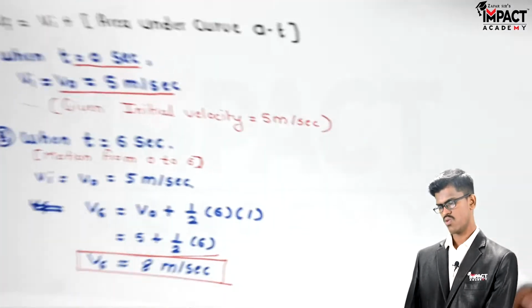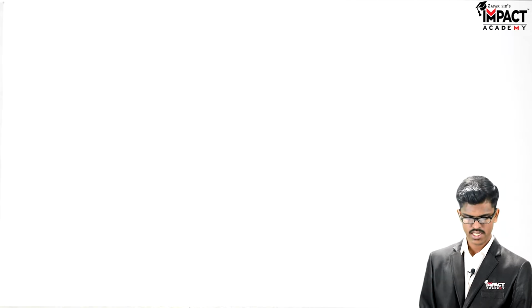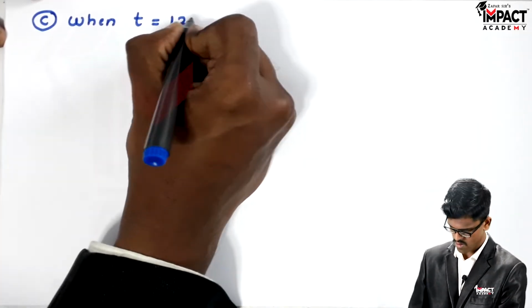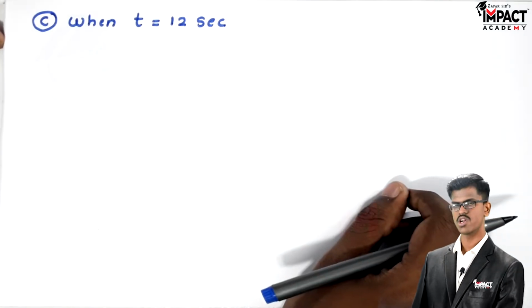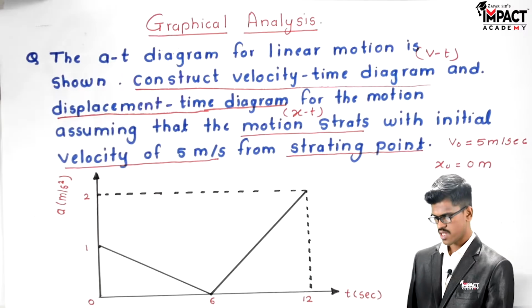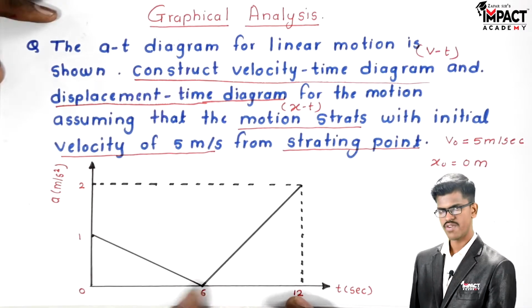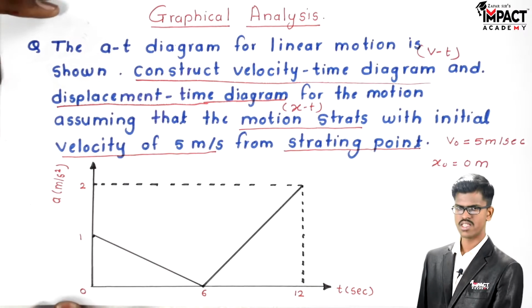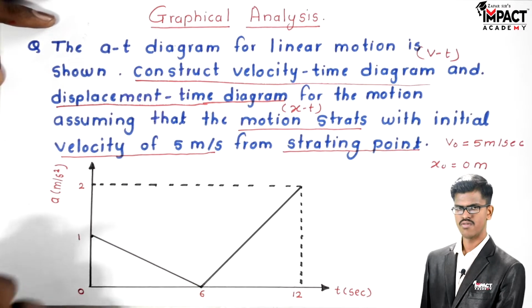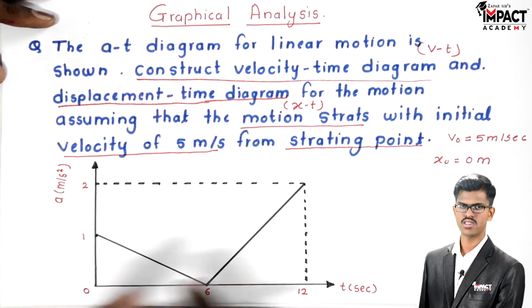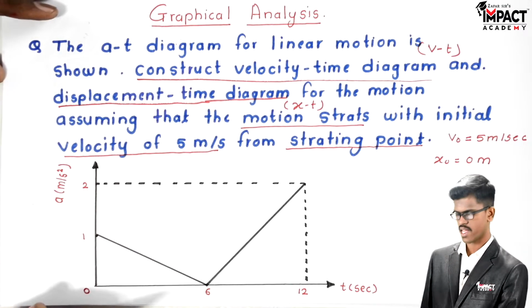Now the third point, when t is equal to 12 seconds. Here we consider motion from 6 to 12. We can also consider motion from 0 to 12; at that time we consider the initial velocity v0 and the area under the curve will be the addition of these two triangles.